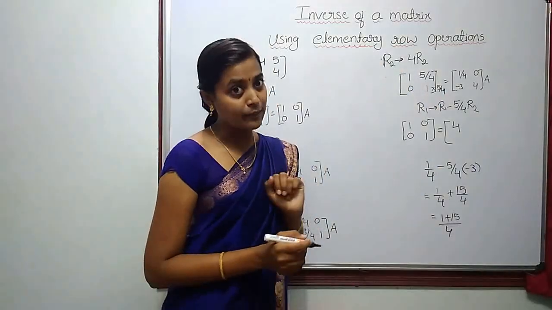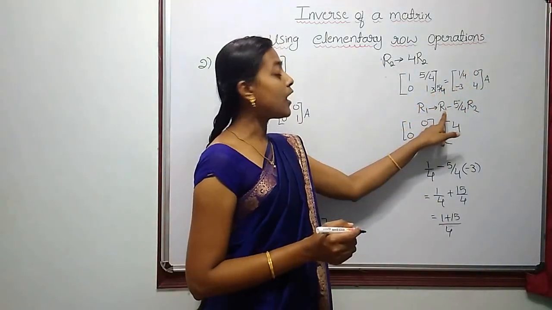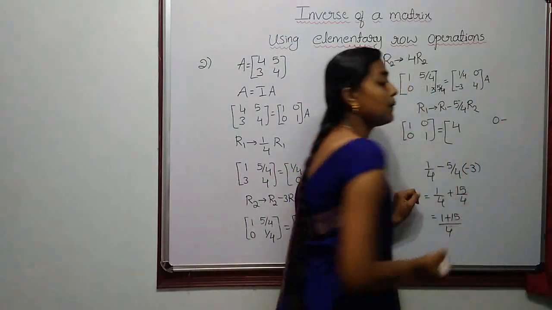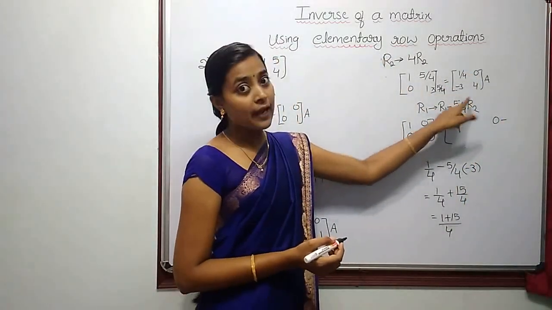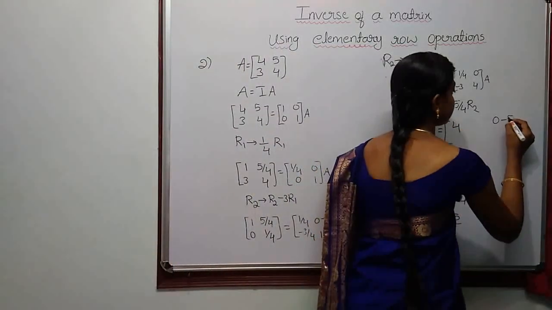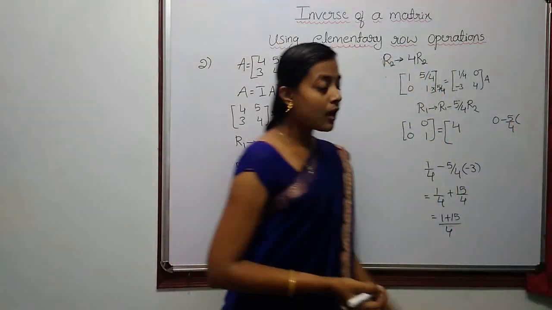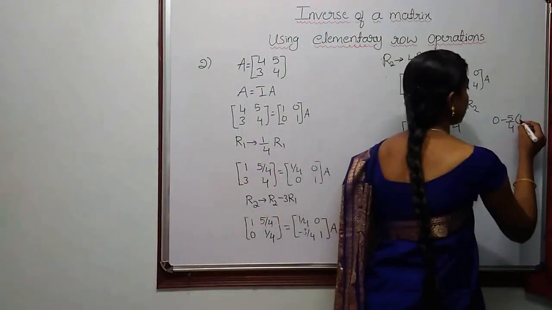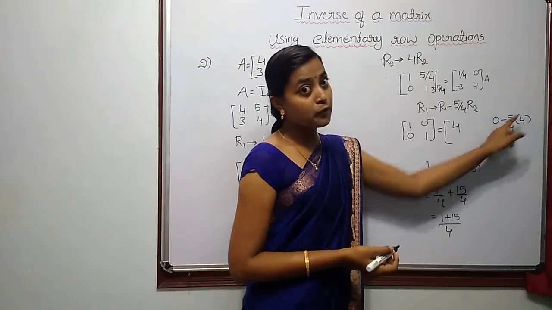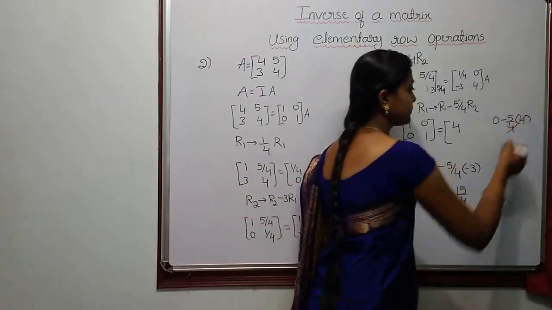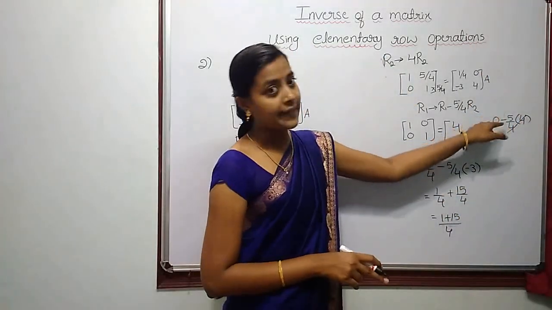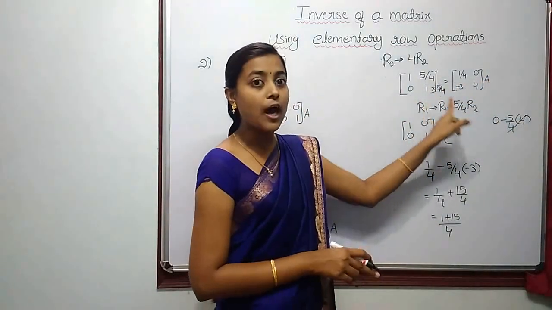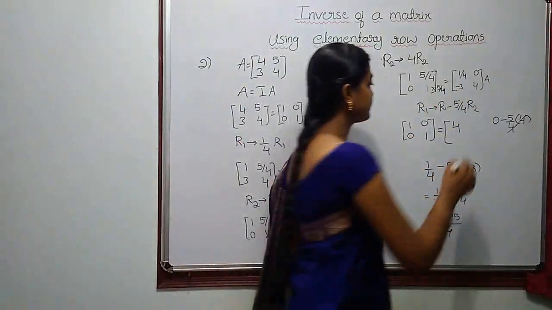Similarly, the second element of R1 is here 0 minus 5 by 4 as it is. R2, second element of R2 is 4. 4 get cancelled. 0 minus 5 is minus 5. Then the second element of R1 is minus 5.